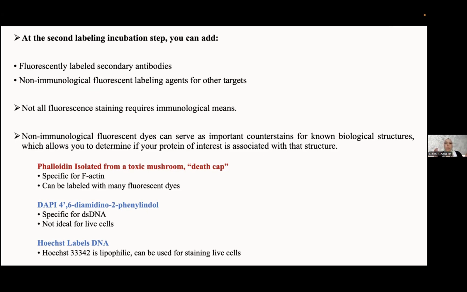But if you are going to fix and permeabilize your cells, that can be done as well. So Hoechst can be used on live or fixed cells. DAPI is ideal only for fixed cells.